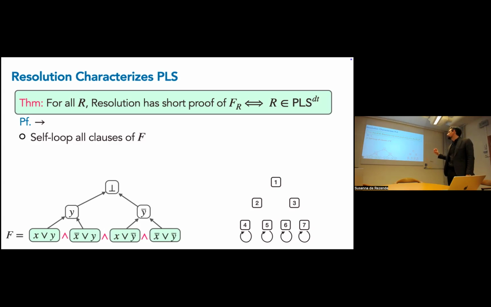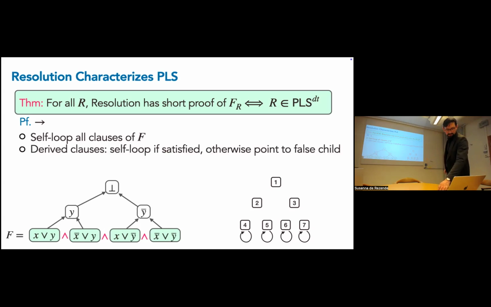Our goal is to find a falsified clause. So then for each non-axiom, either that line was satisfied under the given assignment, in which case we'll just self-loop it, or we'll point it to its falsified child.